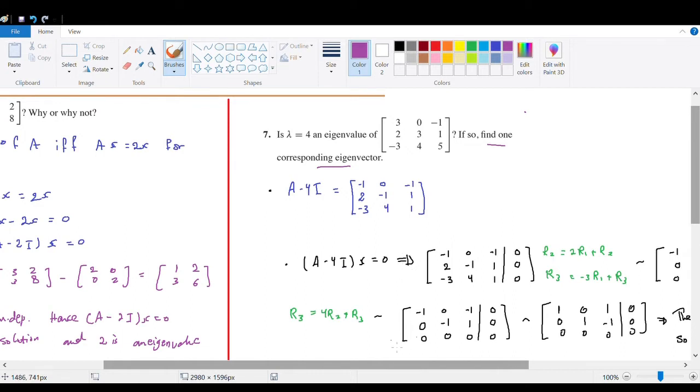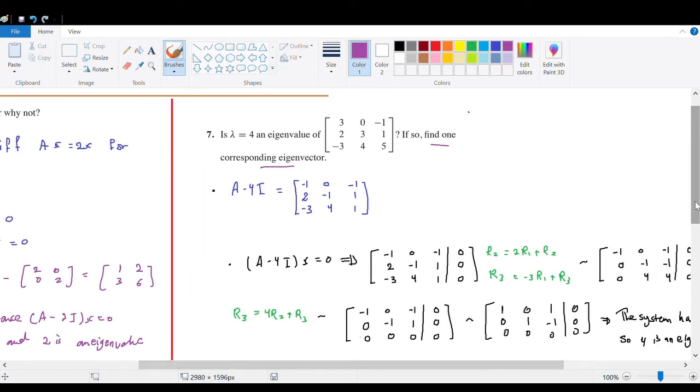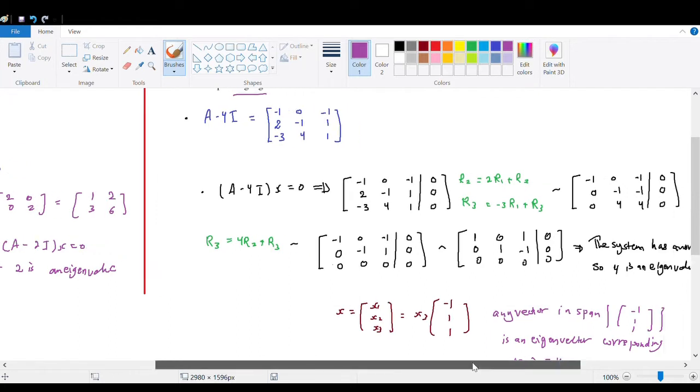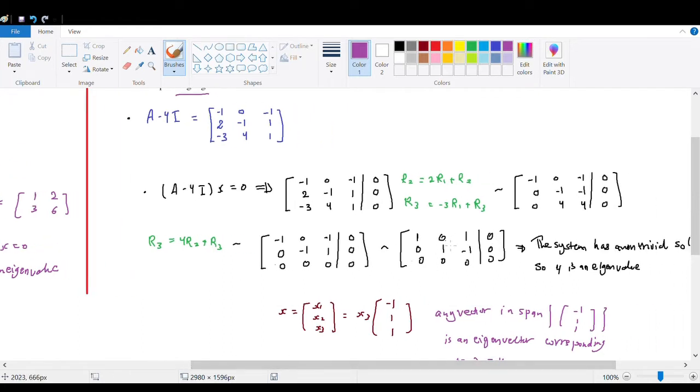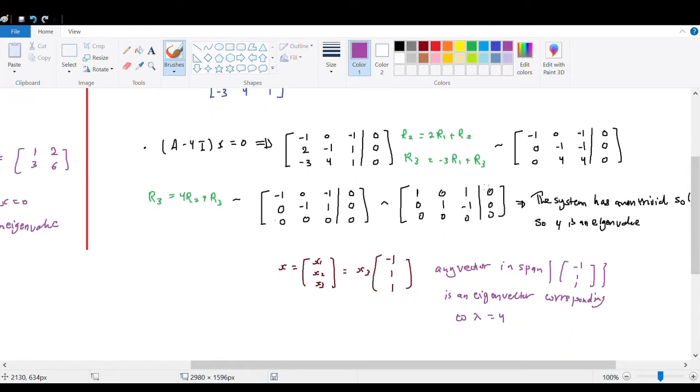We are looking for a non-trivial solution. So after doing row operations, we get this matrix. Since the third row is all 0, that means we have a non-trivial solution, and this leads us to 4 is an eigenvalue of the matrix. To find the eigenvector, we just need to find the solution, which is in the form x3 multiplied by [-1, 1, 1].